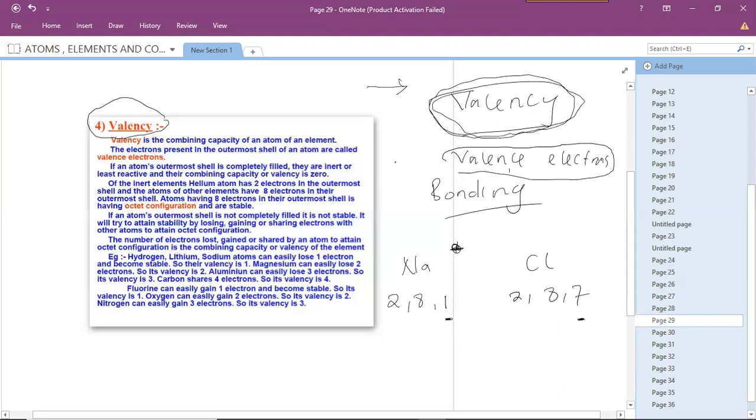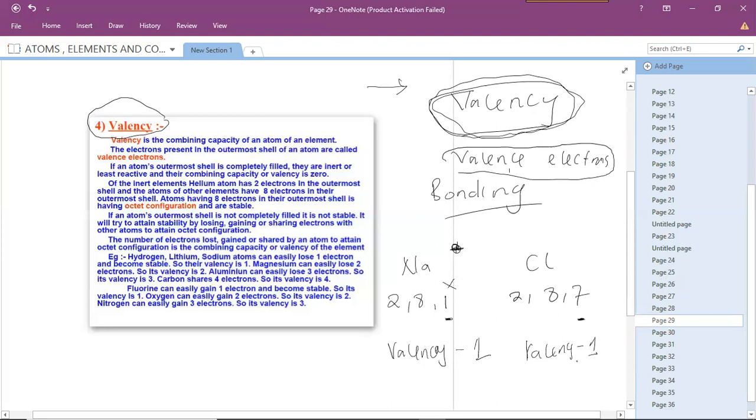So the valency of sodium and chlorine are actually the same, because sodium has to lose 1 electron, so it has a valency of 1, because it just has to lose this one. But chlorine has to gain 1 electron, so it also has a valency of 1.